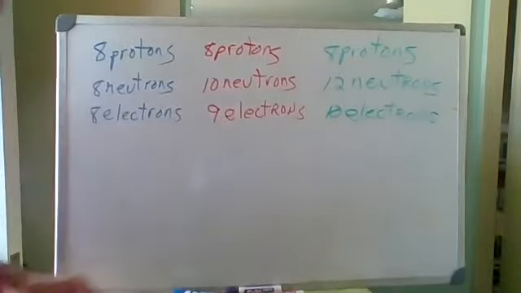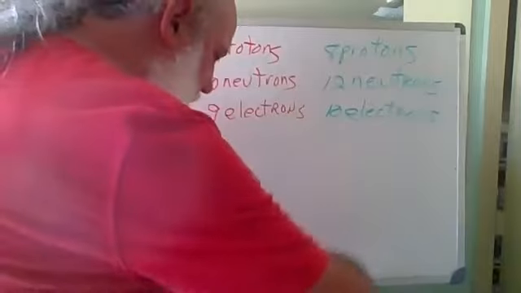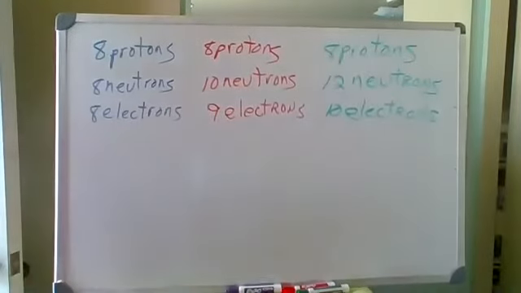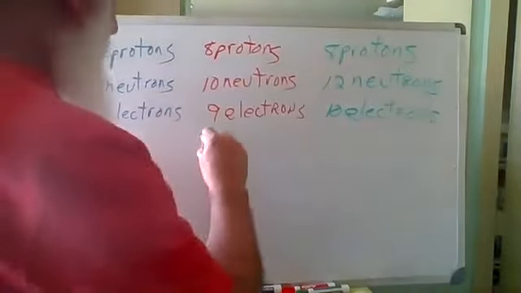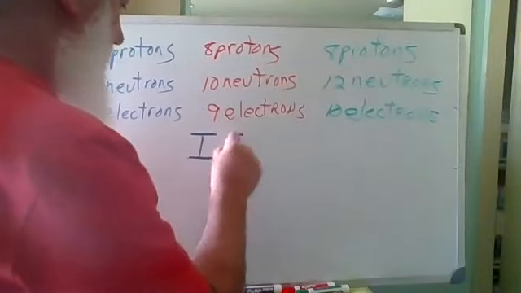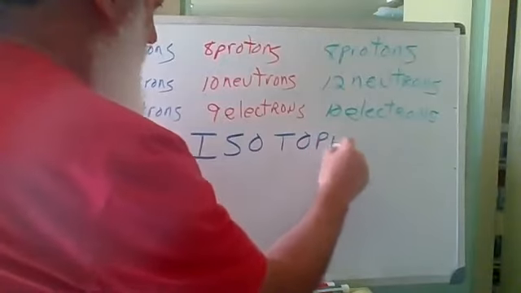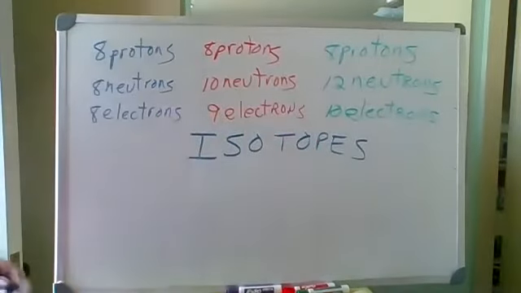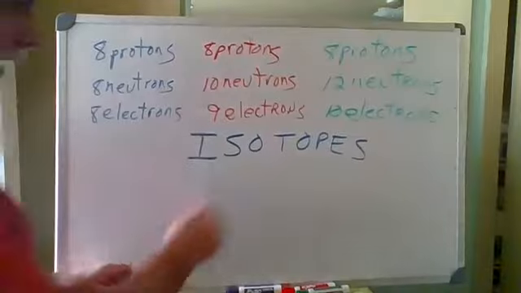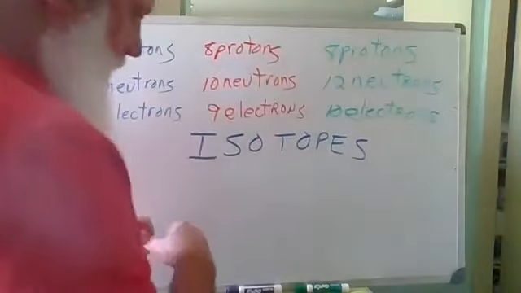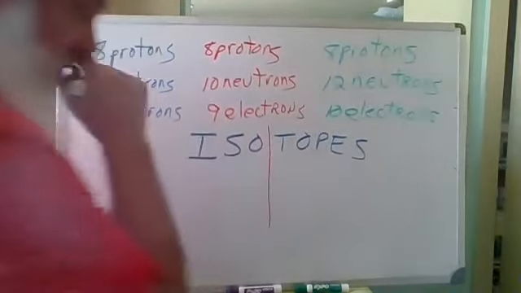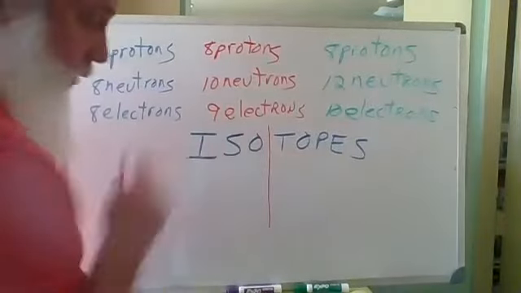All right? So what are these atoms called with respect to each other? They are called isotopes. It comes from Greek. Now, I'm going to split this word into 2 parts, a prefix and a root.